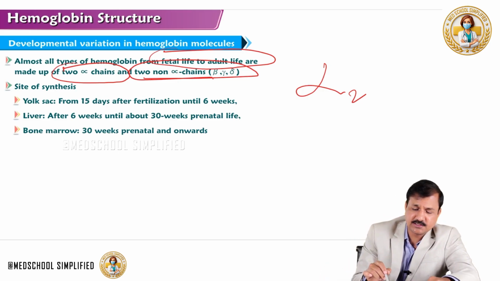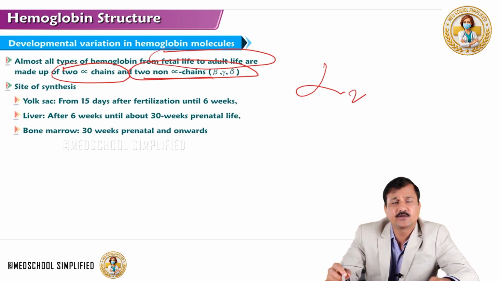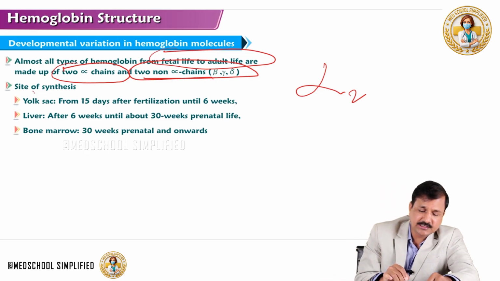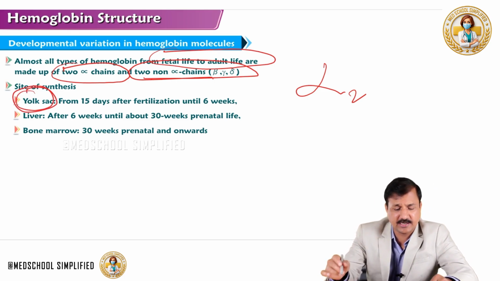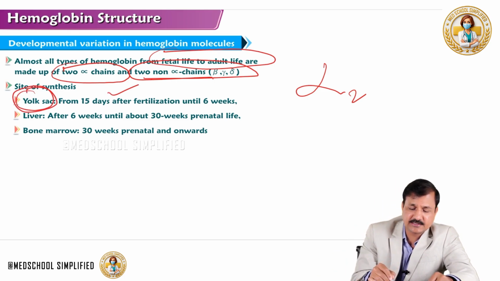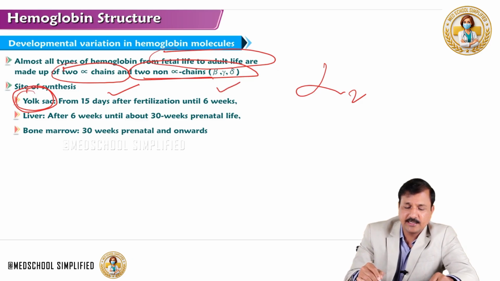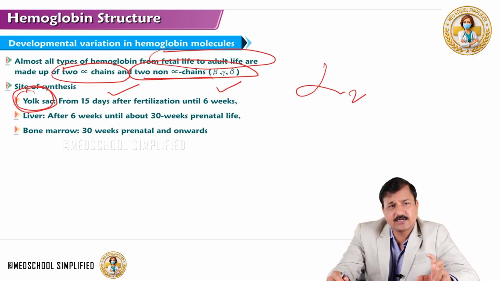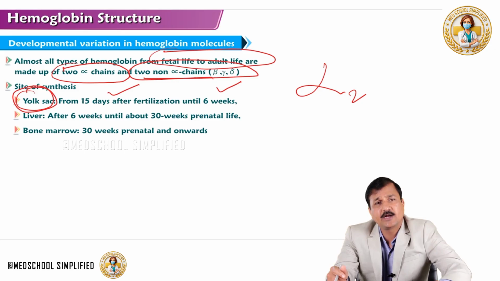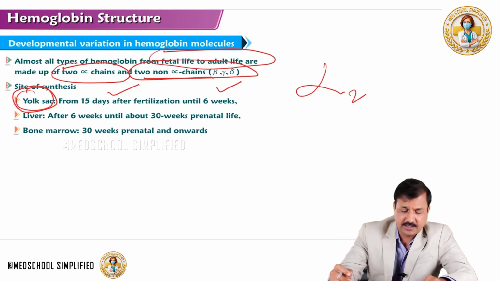So where exactly is hemoglobin synthesized? The site of synthesis of hemoglobin can be divided into 3 sites depending on development. It can be the yolk sac. The yolk sac is the site of synthesis of hemoglobin from 15 days after fertilization until 6 weeks of fertilization.